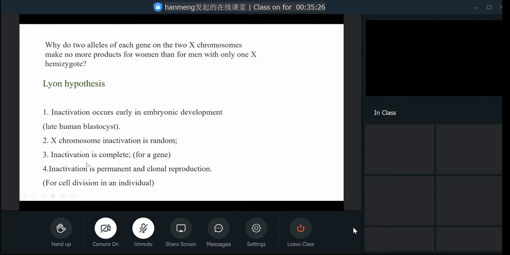And here you should pay attention that in human beings, the X chromosome inactivation is random. But in other species, this inactivation is not random.